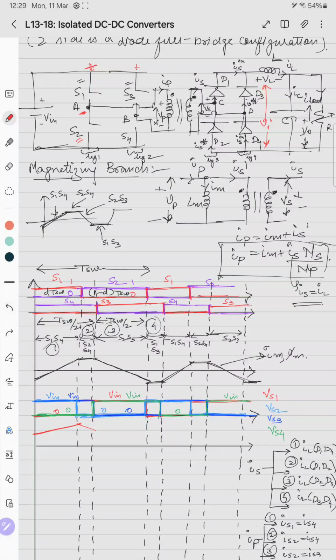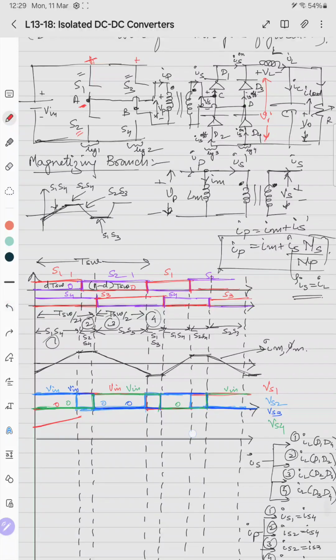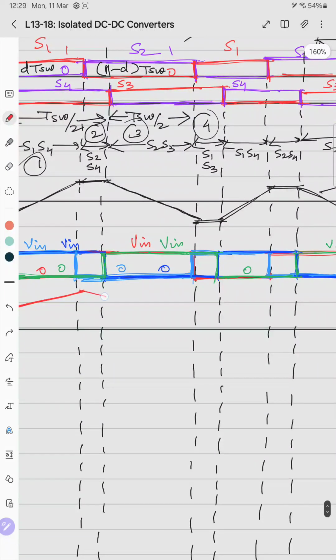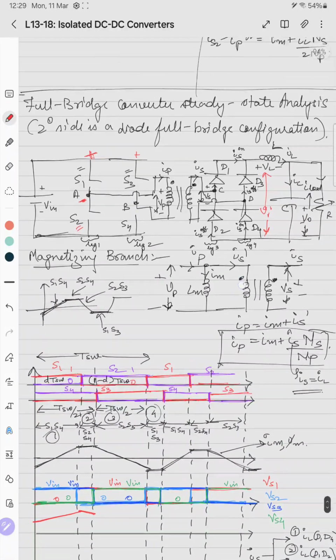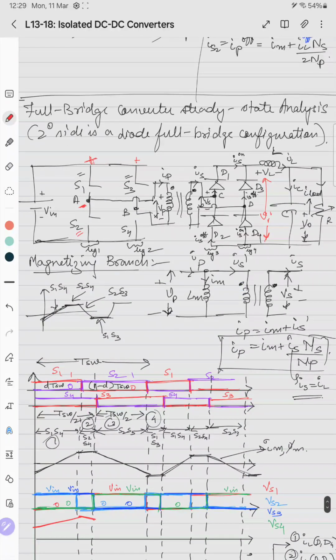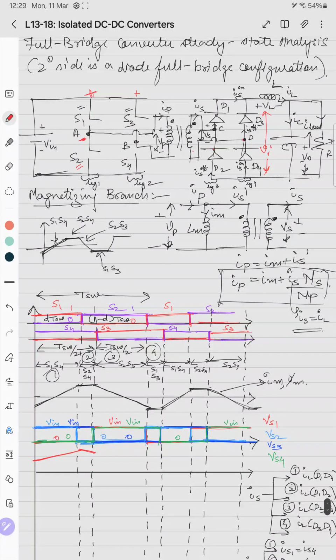We'll draw it like this, with some slope. In the third case, S2, S3, the primary voltage is minus Vs, so it is negative here, this diode is conducting, and positive is here, so it is again positive, with the same magnitude.